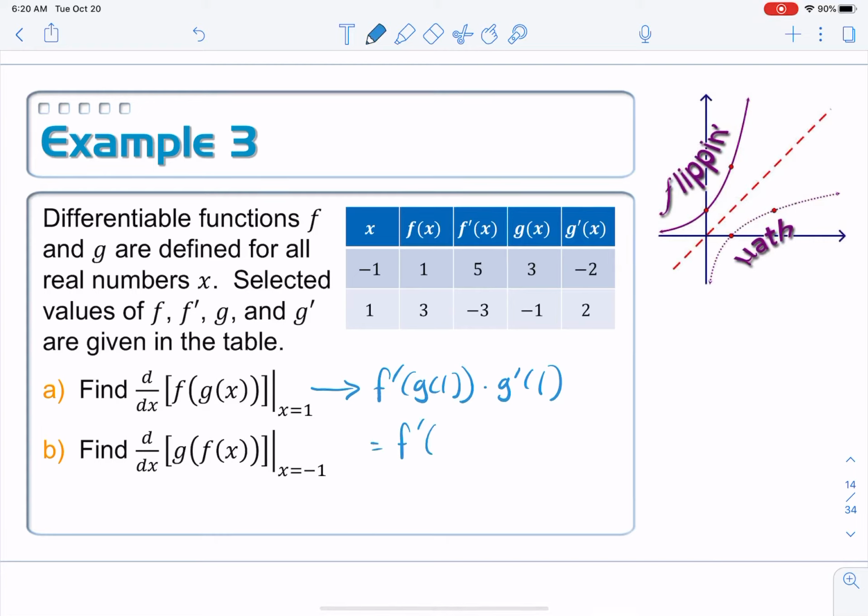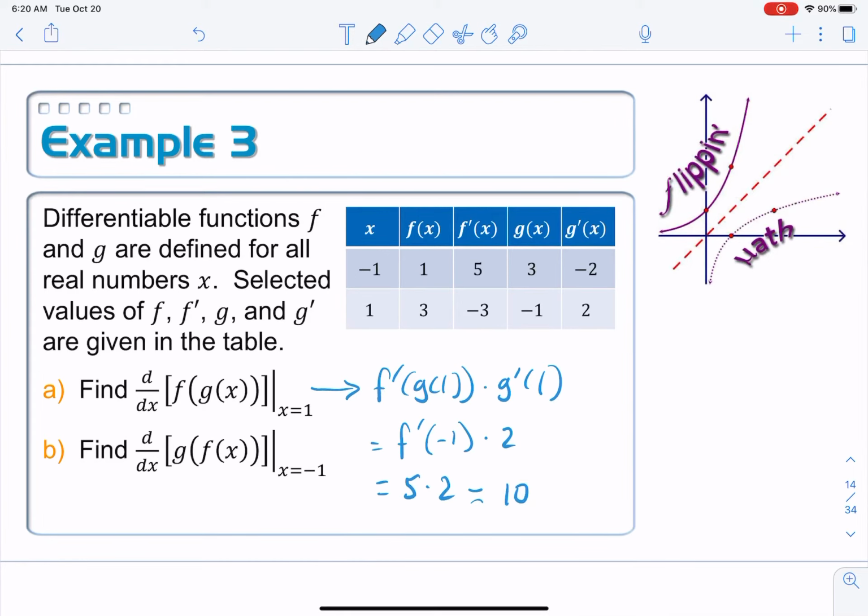F prime of negative 1 times, and now my g function's derivative at 1 is 2. Now one more little piece here: we want the derivative of the f function at negative 1, which is 5. Multiply those two rates together and we get 10.